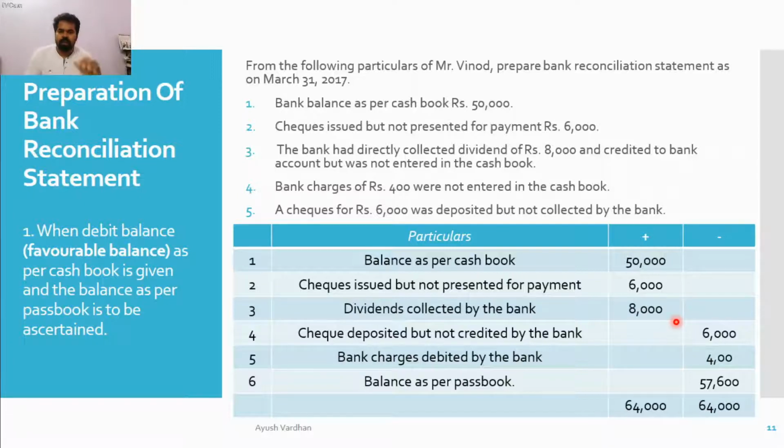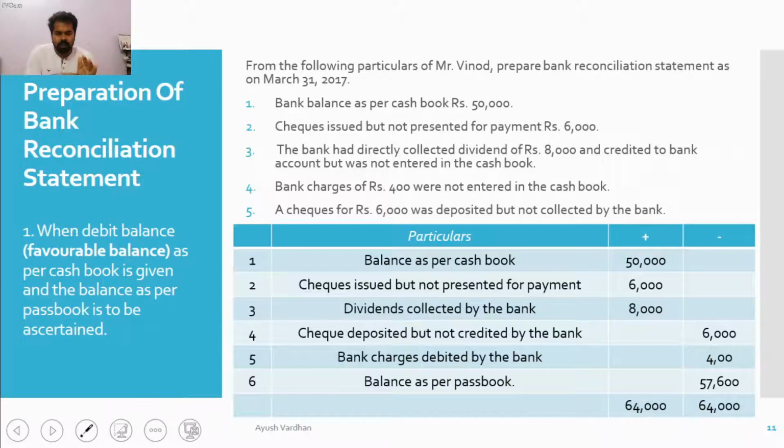Now another is check deposited but not credited by the bank. Okay, so this is the third entry of 6,000 rupees. It means a check has been deposited into your account, but that has not yet been cleared.